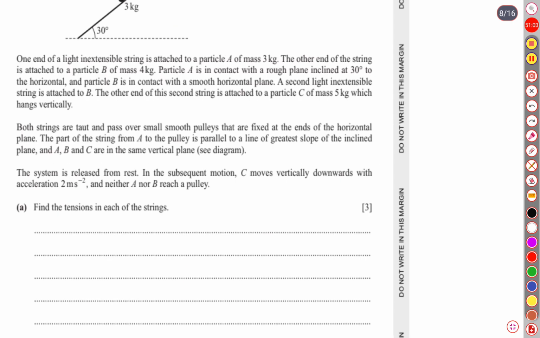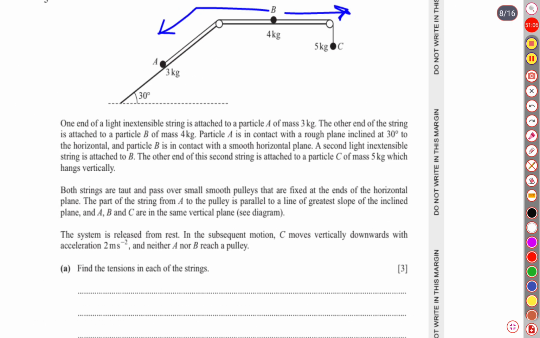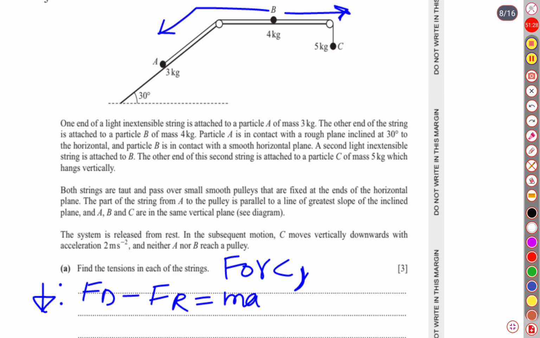First of all, we will start with C. C is actually moving downward. So let us write for C. As the direction of the particle C is downward, we will write driving, and we are going to apply Newton's law of motion. Driving force minus resistance force is equal to mass into acceleration.